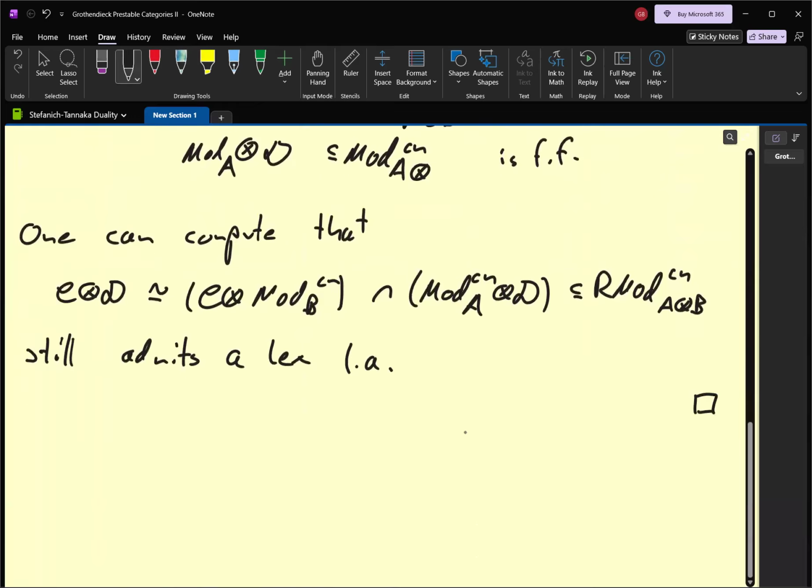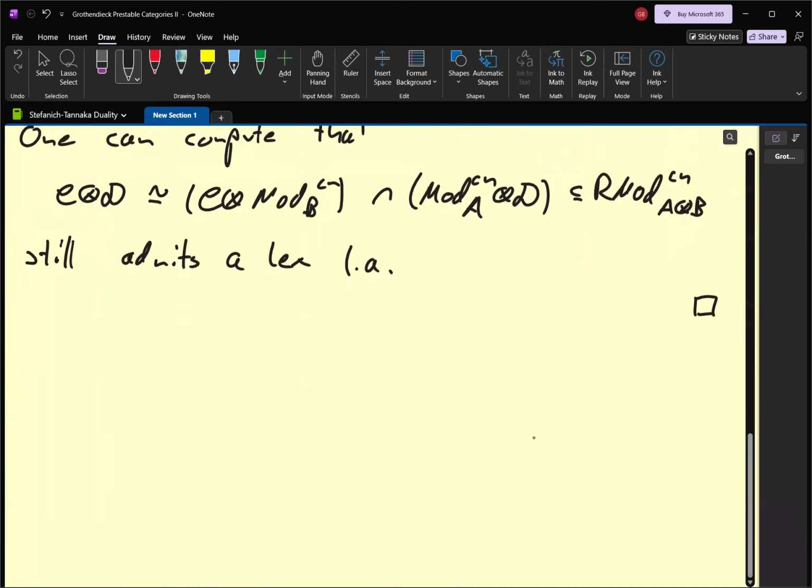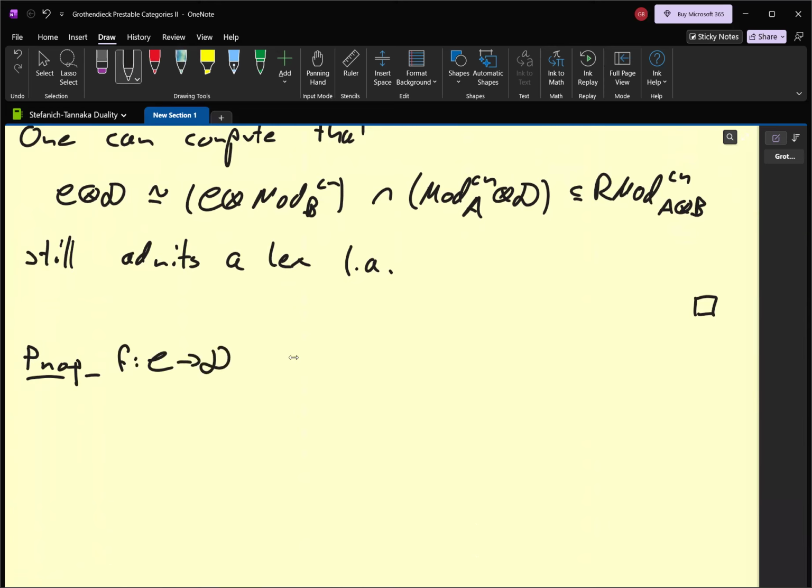But now, last time we saw a bunch of definitions in PRL and we want to know how they interact with the tensor product. The relevant proposition here is the following. If f from C to D is a morphism in Groth, and E is also in Groth, then we have two things.